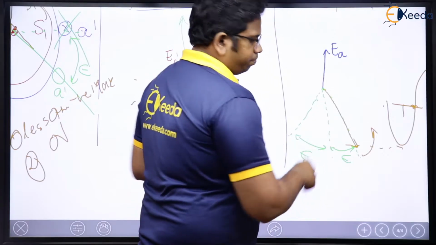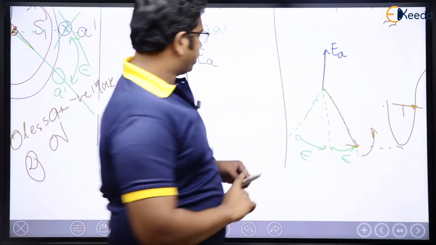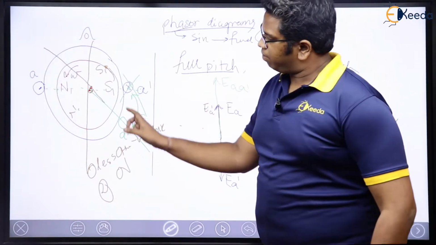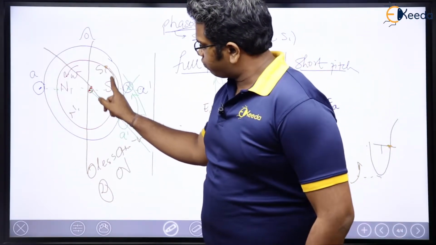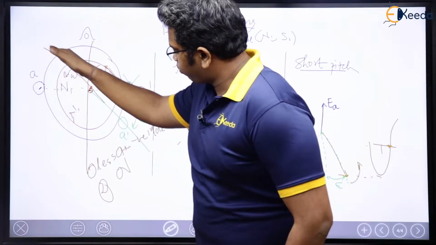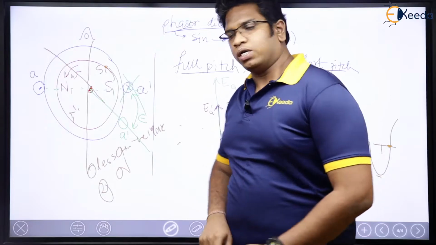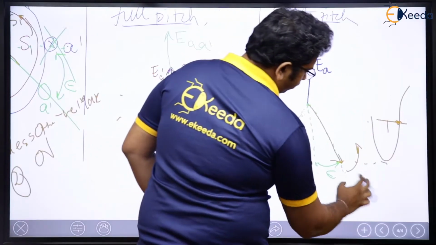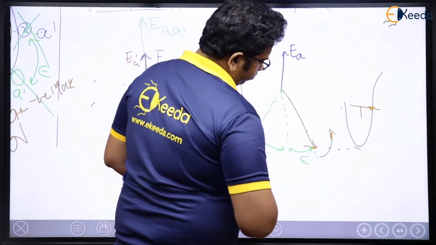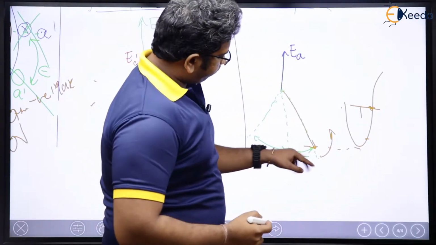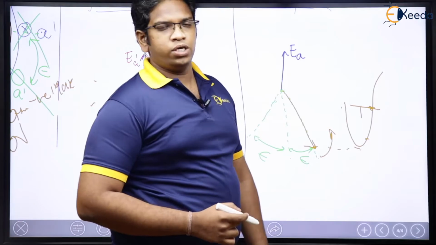But after some time, when this is rotated, S1 goes here, N1 goes here, the interpolar axis comes here, which means after some time, A dash has to become 0. Right now it is less than negative maximum somewhere, but after some time it is going to become 0.